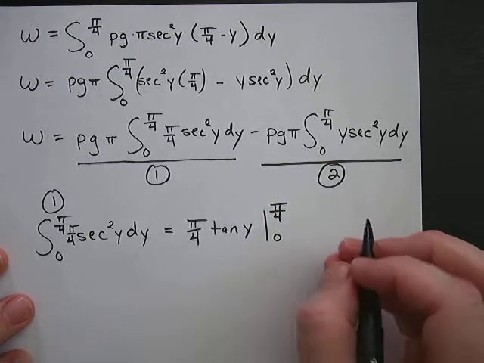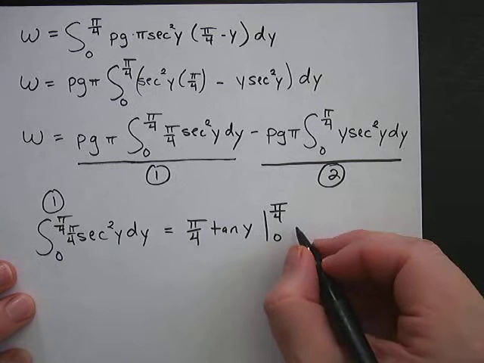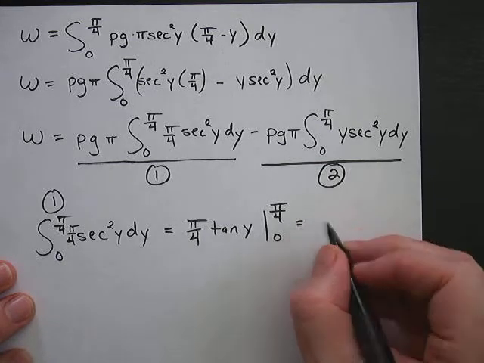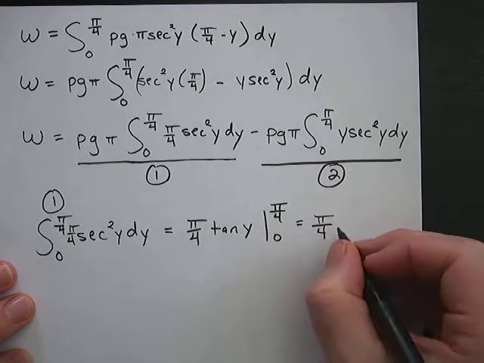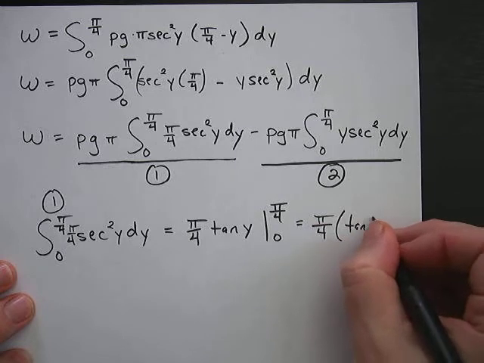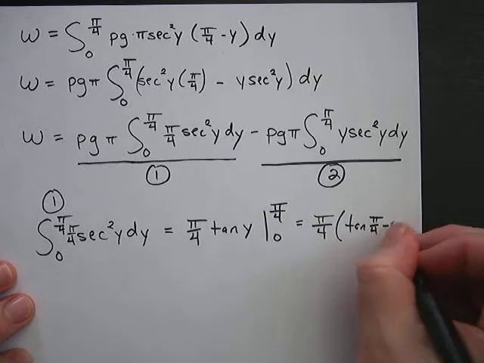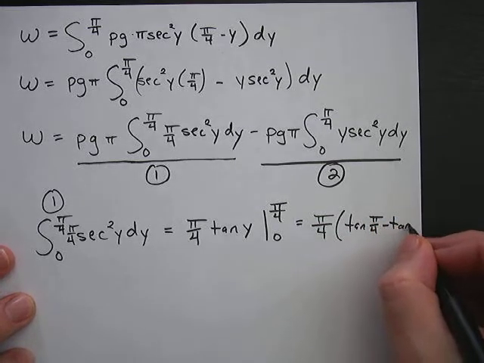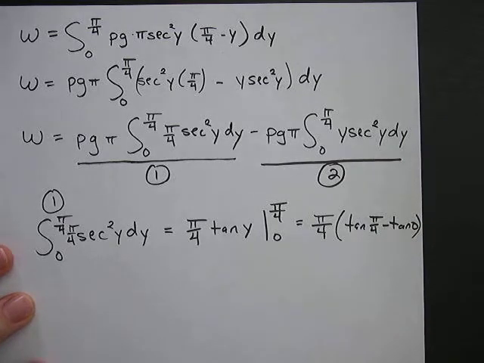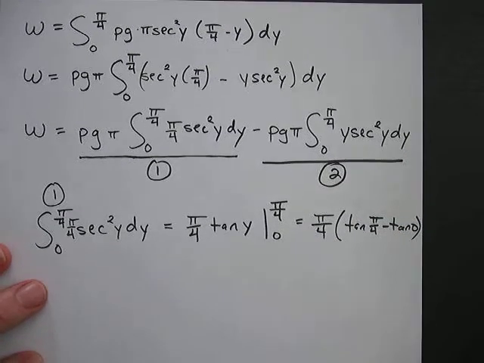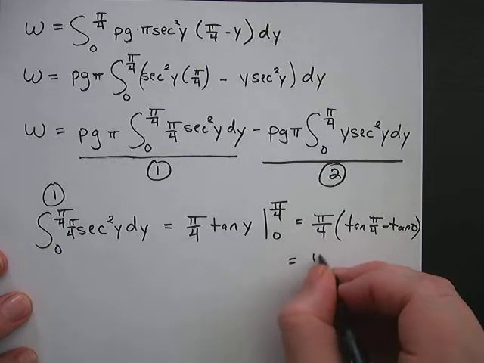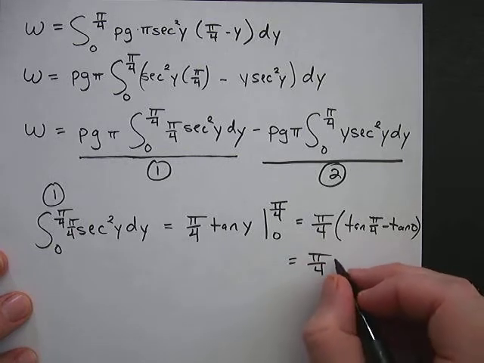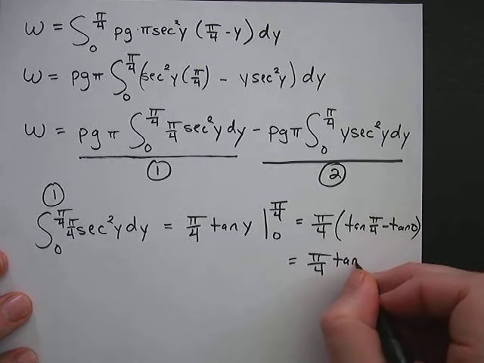and then we're going to integrate that from 0 to pi over 4. Okay, so that will give me pi over 4 times tangent of pi over 4 minus tangent of 0. Okay, tangent of 0 is equal to 0. So this becomes pi over 4 times tangent of pi over 4.